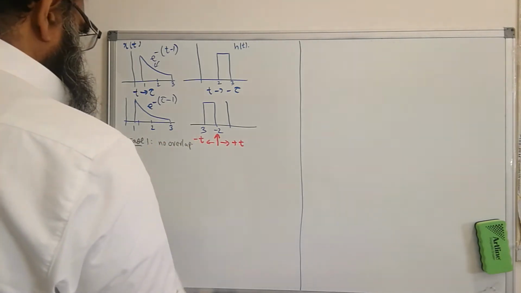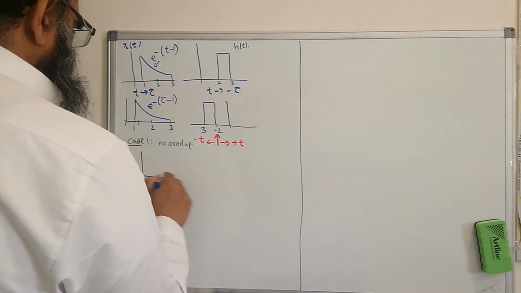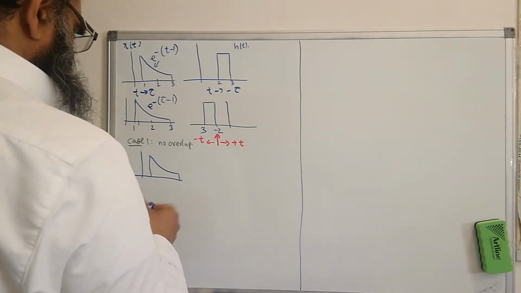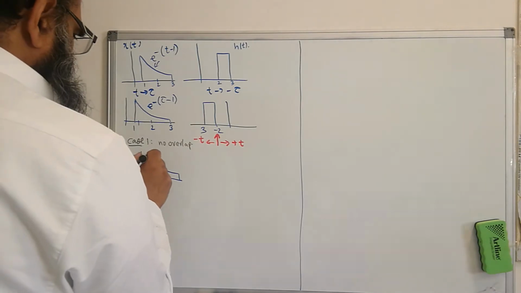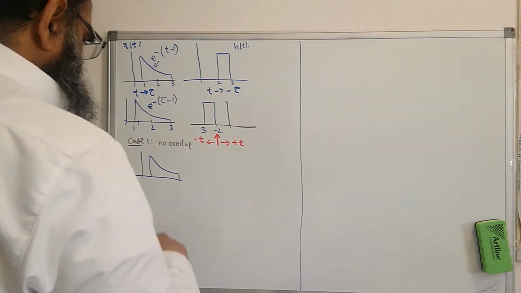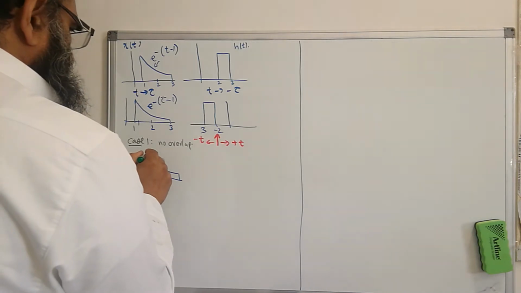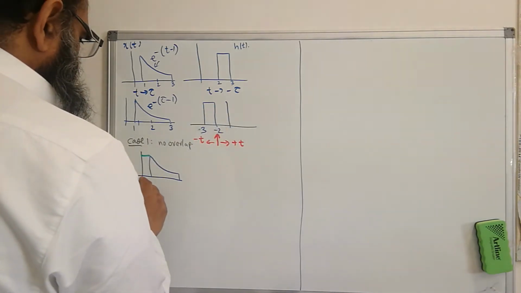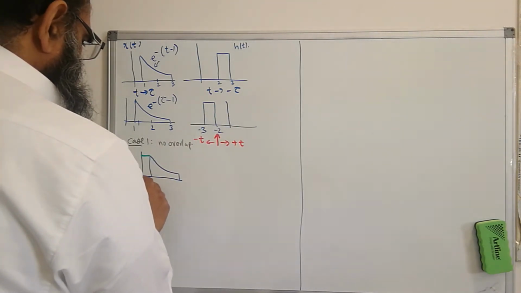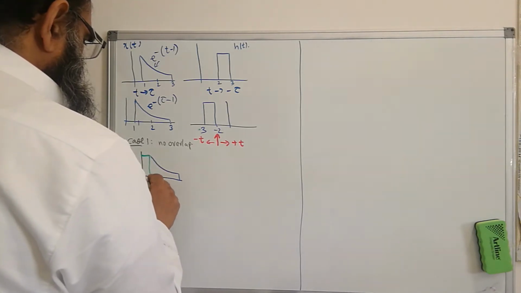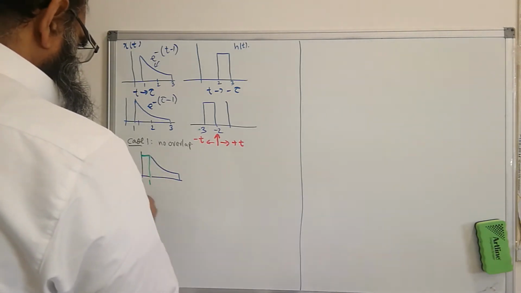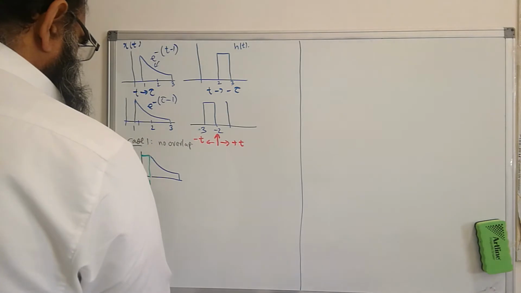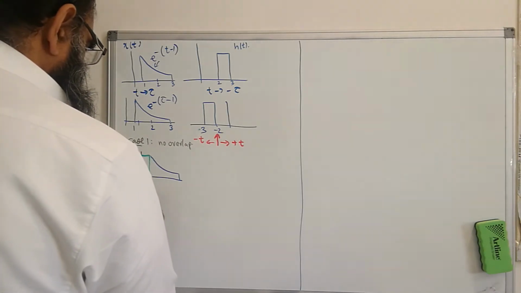So case 1, I will have the last no overlap, which will be x of t like this, and h of t, let me use green to draw that. Because this is 1 second wide, this will be just from 0 to 1, and this shift from the reference is plus 3.